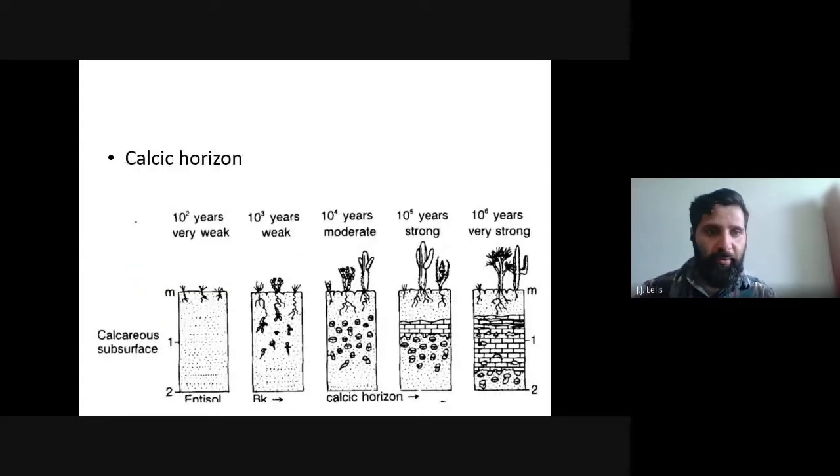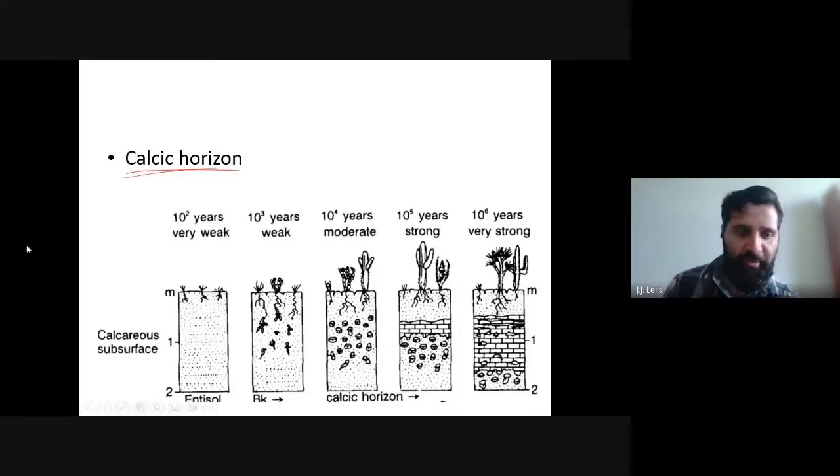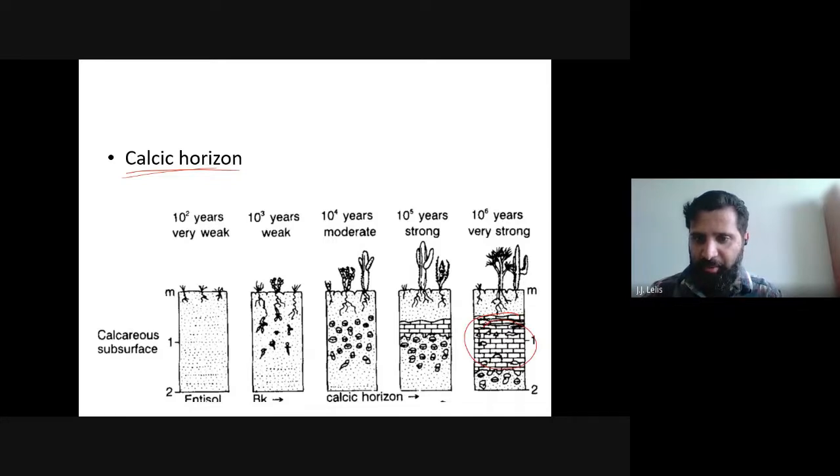For example, we can see here a calcic horizon that presents a lot of calcium carbonate. This condition represents a cemented layer of calcium carbonate here. But to form this kind of horizon or layer, we could see in the beginning a soil with no mottles or calcium carbonate precipitated.